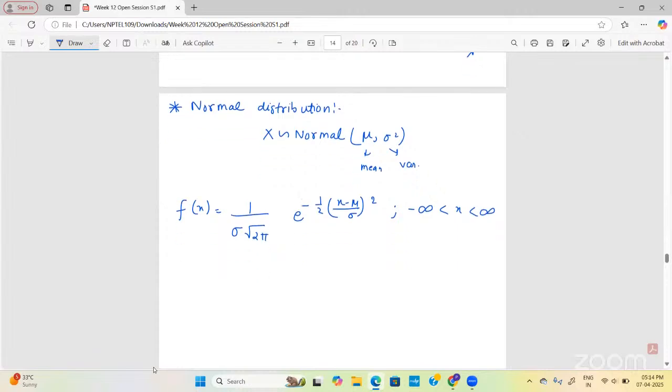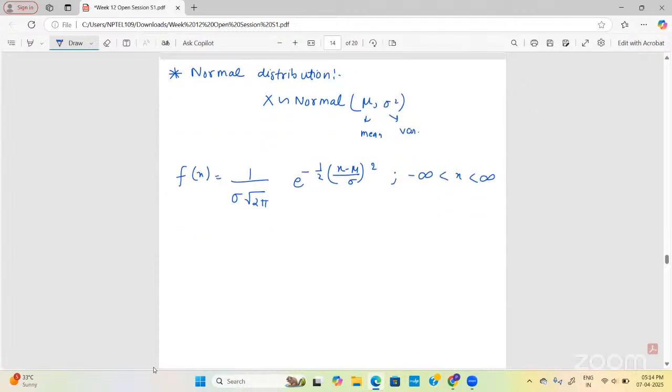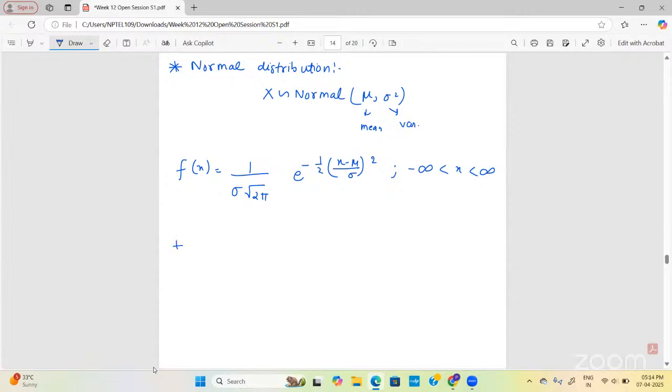Now there is something to remember for it. The normal distribution is a bell-shaped curve, so there are some properties of it.